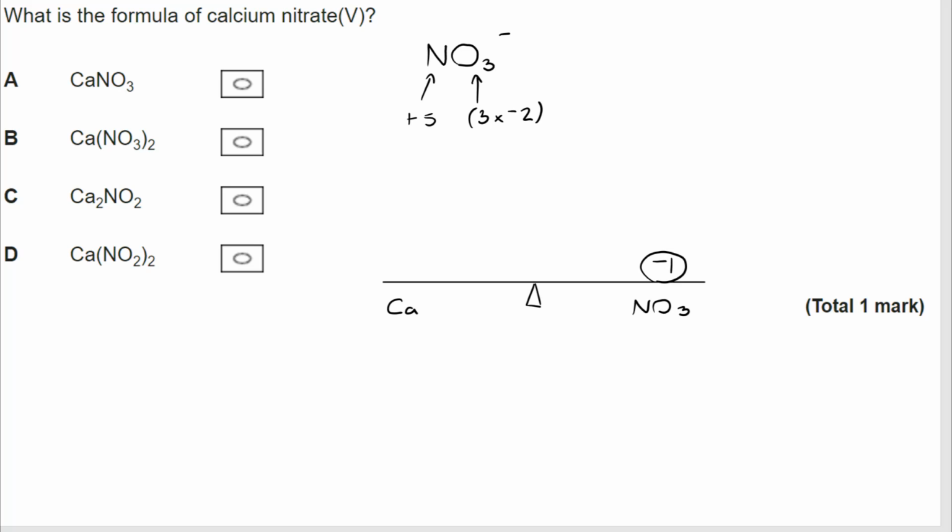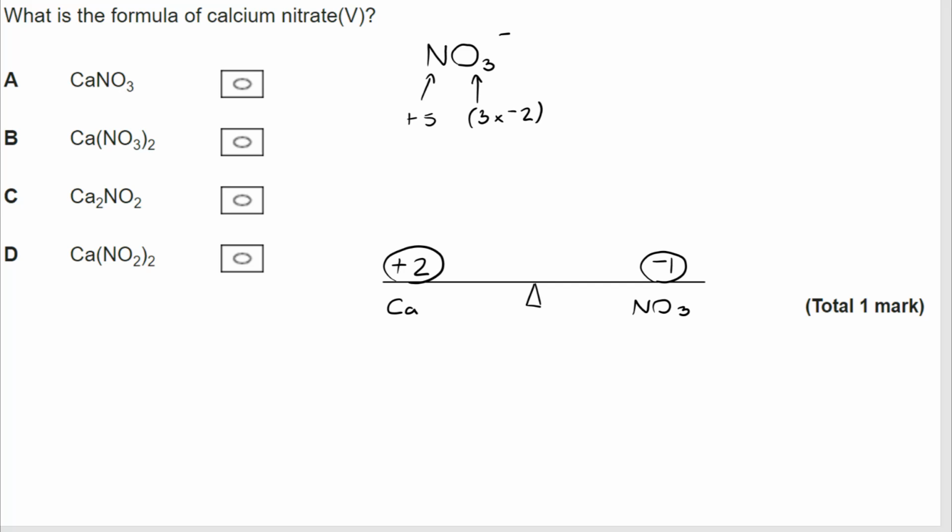I'm now going to put these onto a seesaw. There's different ways of doing this. I quite like this as a visual representation. So I've put my NO3- on. I also know that calcium is +2 because calcium is in group 2, so the ions it forms are +2. So my seesaw is not currently balanced.